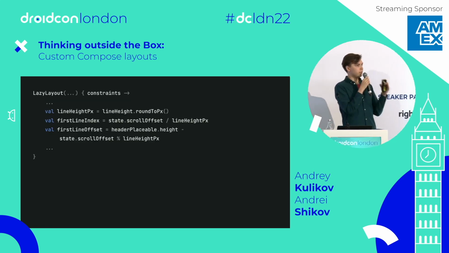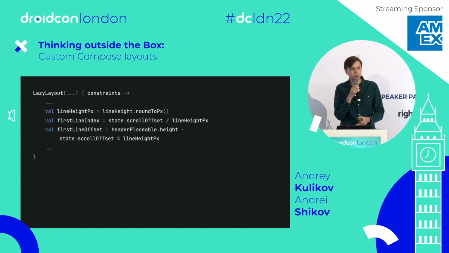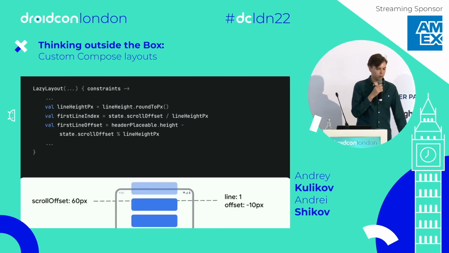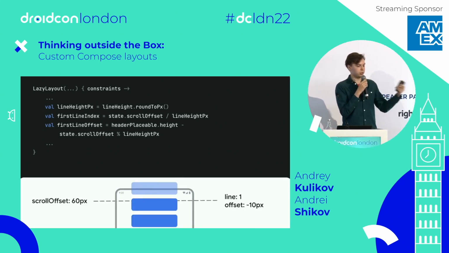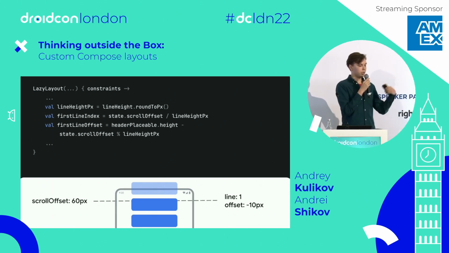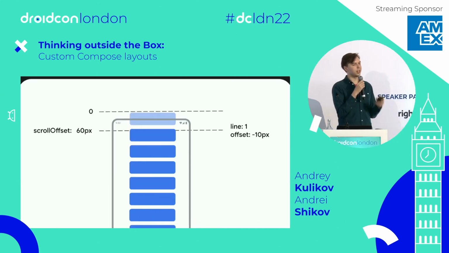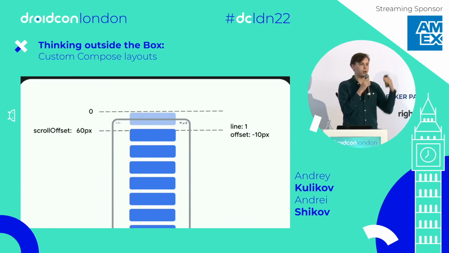And then it's the meat of the lazy layout. We try to figure out which items are on screen based on the scroll offset. So what we do here is first divide the scroll offset by the line height to figure out the line number, and then figure out the offset by taking the remainder of that division. As you may notice, the offset is negative, and this is pretty confusing, especially if you're working out which way offset goes.